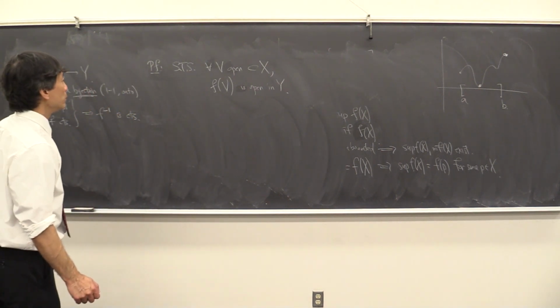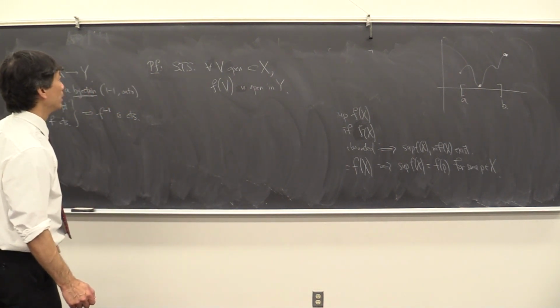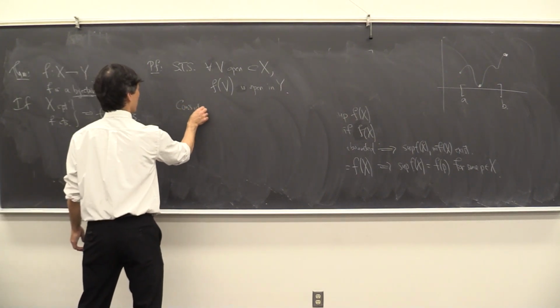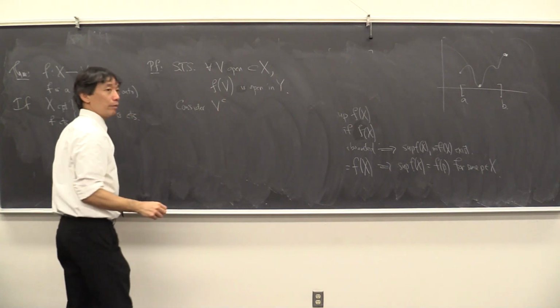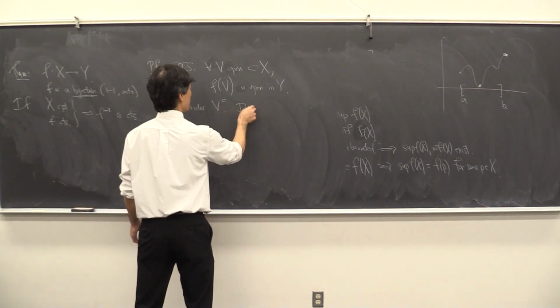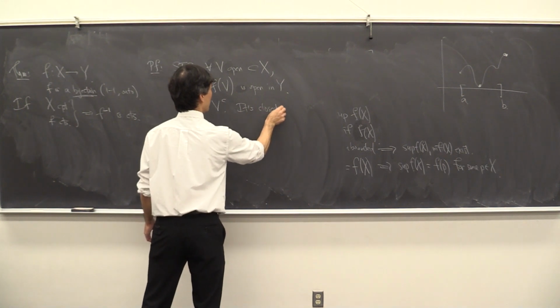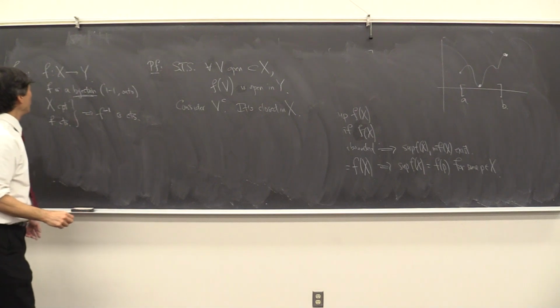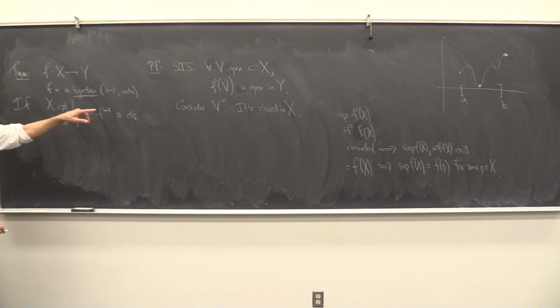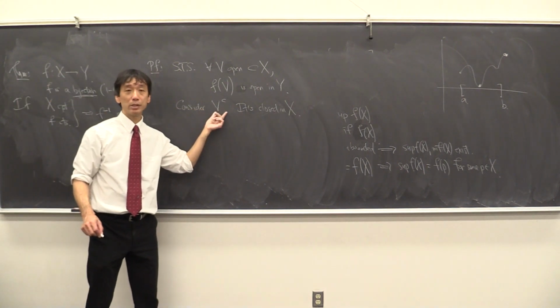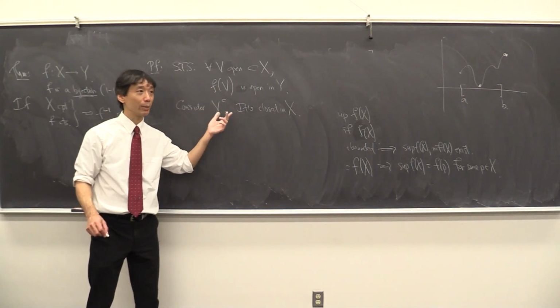Okay, so consider the complement, V complement. It's closed in X, and X is compact. So what do we know about the set? You've got a closed set sitting inside a compact set. Anybody remember?